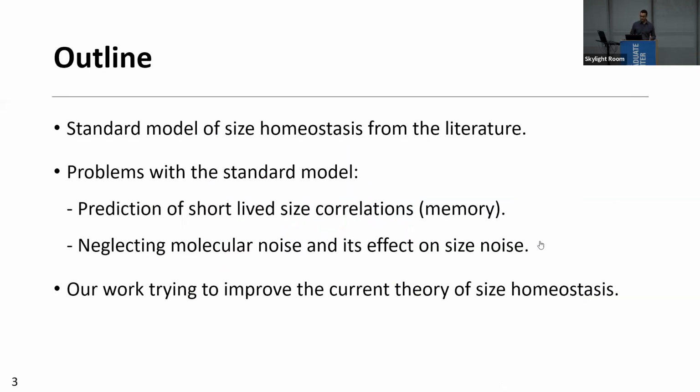The structure of my talk will be, first, I will talk to you about a standard model that exists currently in the literature, and then our efforts addressing some problems with the model and trying to improve it. Specifically, the first thing I'm going to talk about is the prediction of short-lived correlations, which is a measure of memory in this system.